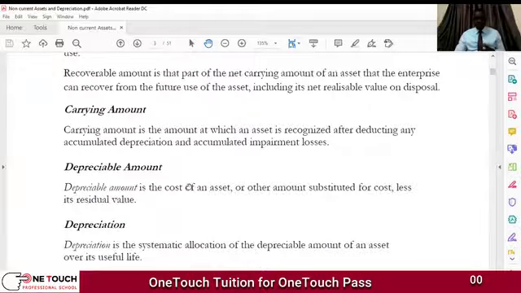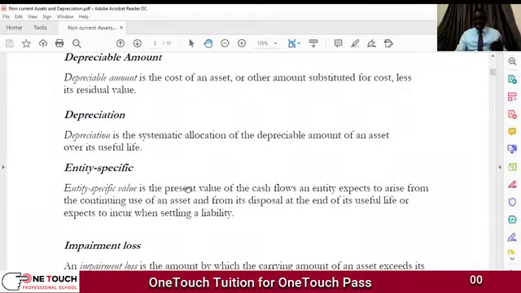Good. Then what is depreciation? Depreciation is the systematic allocation of the depreciable amount of an asset over its useful life. So an asset when acquired, we will estimate that it can be used for, say, 10 years. If you are looking at the straight line method of depreciation, then the cost divided by 10 years should give us the depreciation every year.